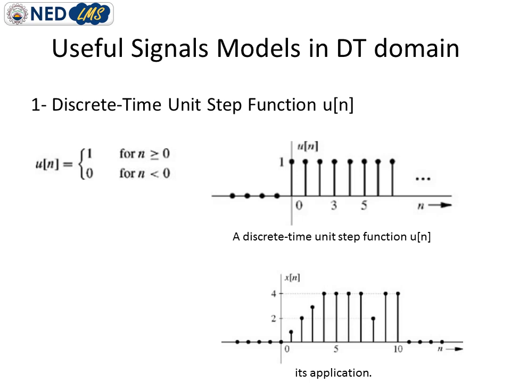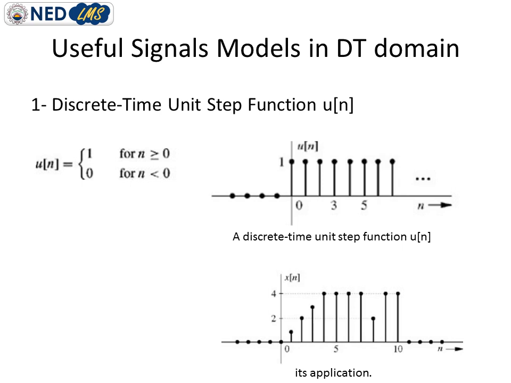Now moving towards discrete time domain. Those two models we have discussed in continuous time domain also exist in discrete time domain. The first model is discrete time unit step function.